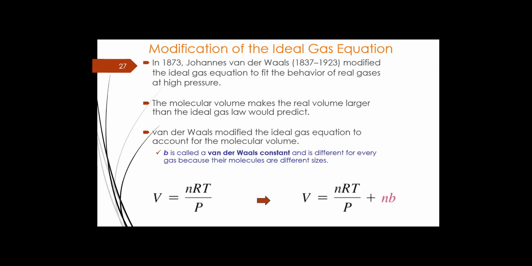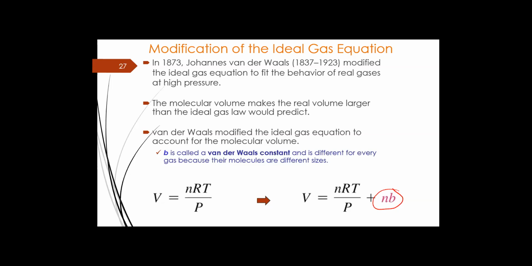And so van der Waals, in 1873, decided to modify the ideal gas behavior in order to account for those real gases. What he did is add in this constant b, called the van der Waals constant. It's different for each gas because the molecules are different sizes, but it's the idea that there's some amount that we have to adjust the volume for, to account for how many moles of gas there are based on that pressure.